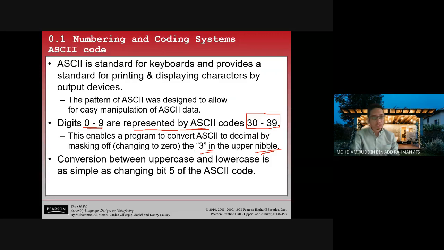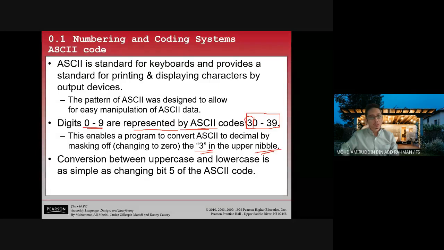So when you are coding and you press 0 on your keyboard, it will instruct the computer to read code number 30.